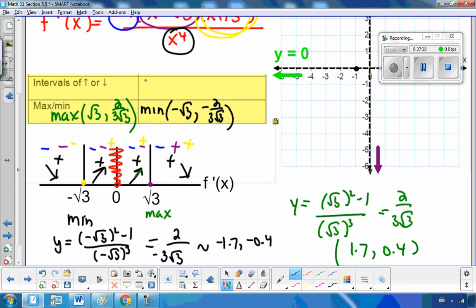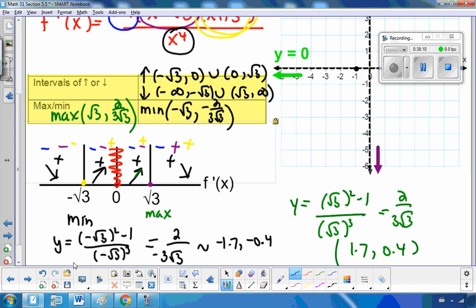So intervals of increase, it's increasing between negative root 3 up to but not including 0, or between 0 and root 3. We have to do those as two separate ones because 0, of course, is a vertical asymptote. It is decreasing on the interval from negative infinity to negative root 3, or root 3 to positive infinity.